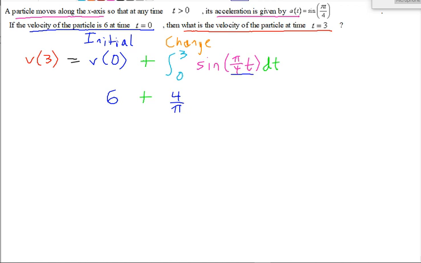And then, when you integrate sine, it's negative cosine. So the negative can go out here and turn that into a minus instead of a plus. And cosine of pi over 4t, the function of the inside stays the same, from 0 to 3.